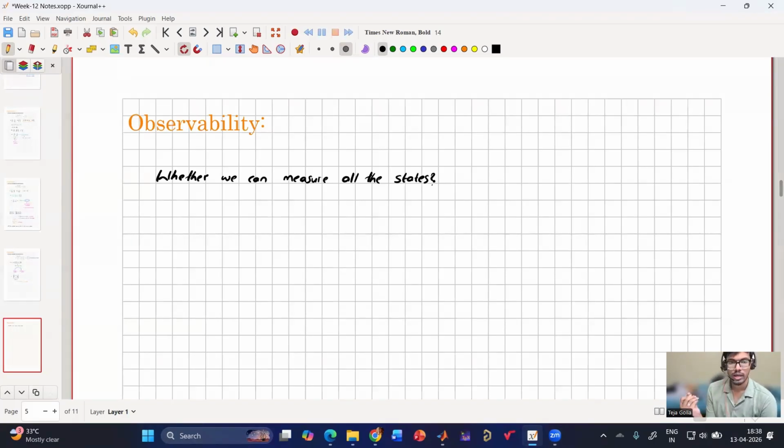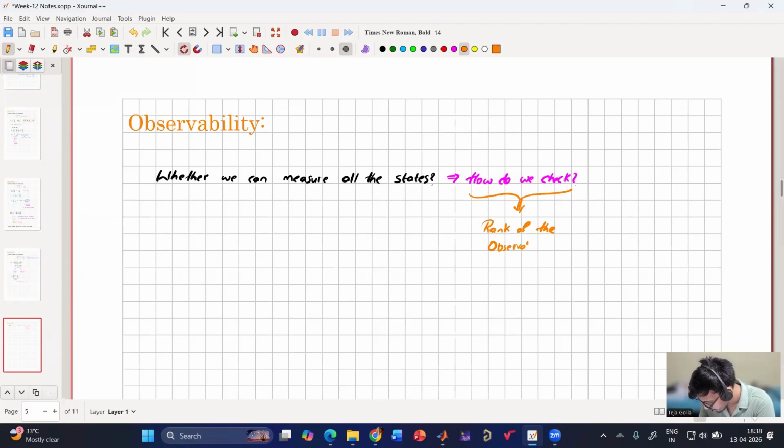Again, same test. How do we check? Here we'll check the rank of the observability matrix.